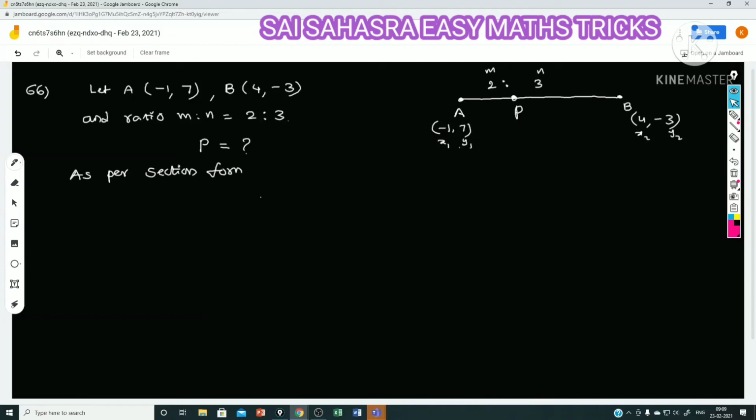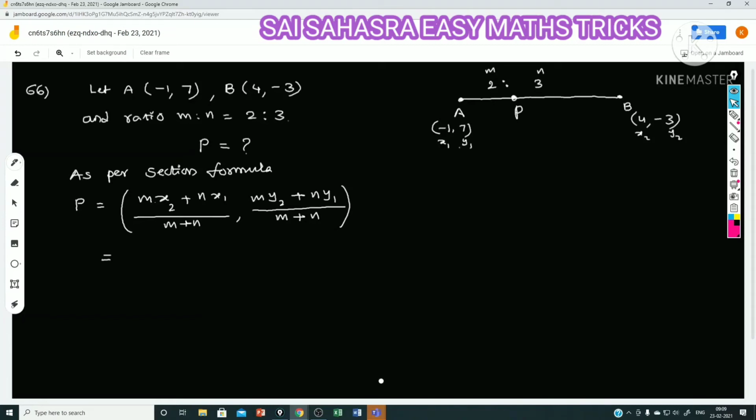Tell me the formula. Anyone? P is equal to, tell me, mx2 plus nx1 by m plus n, my2 plus ny1 divided by m plus n.